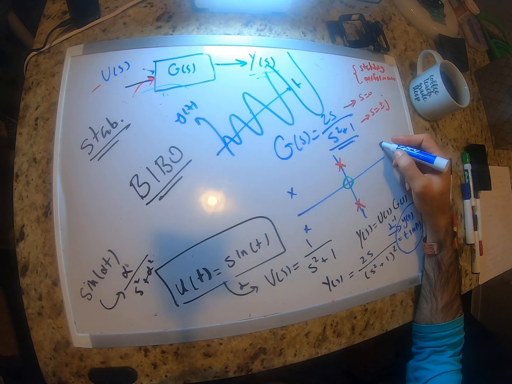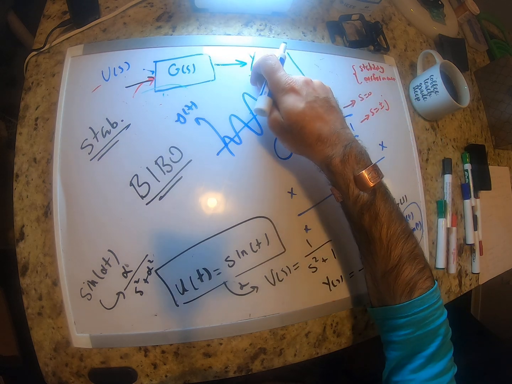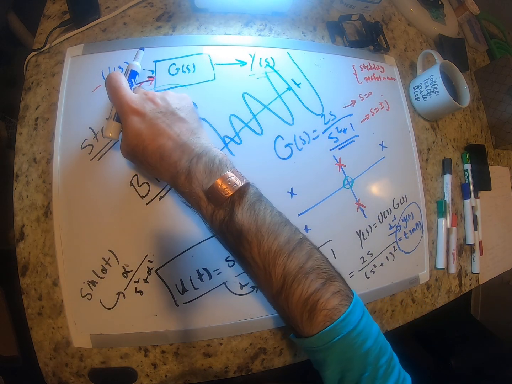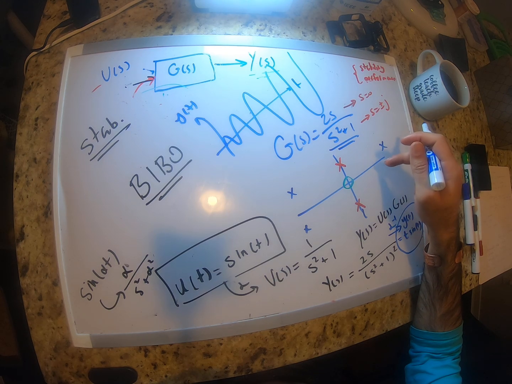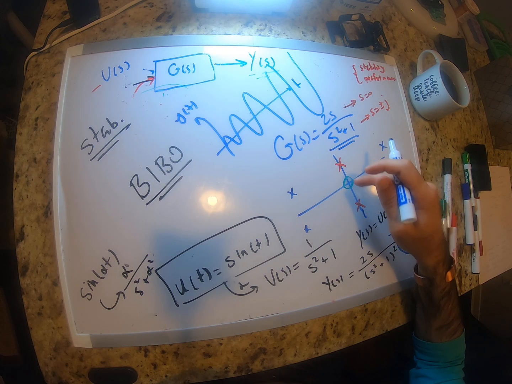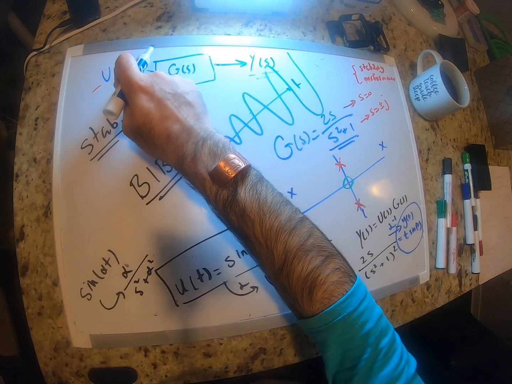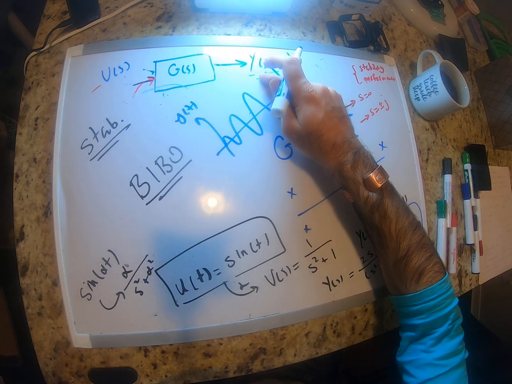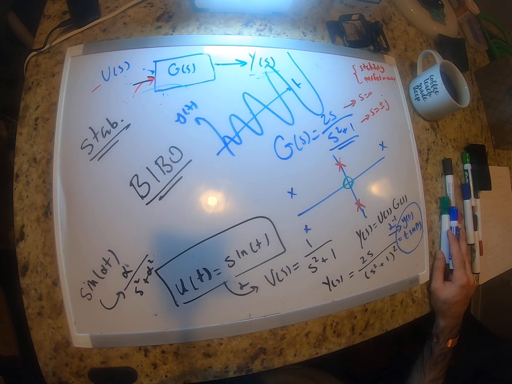If you have poles on the right hand side, your output is always going to be unbounded for any bounded input. If you have poles on the imaginary axis, your output might be bounded for some bounded inputs, but might be unbounded for certain bounded inputs. Okay, so that's the definition of BIBO stability.